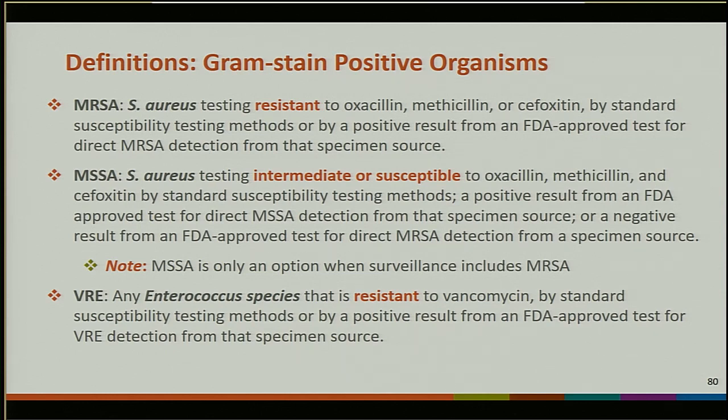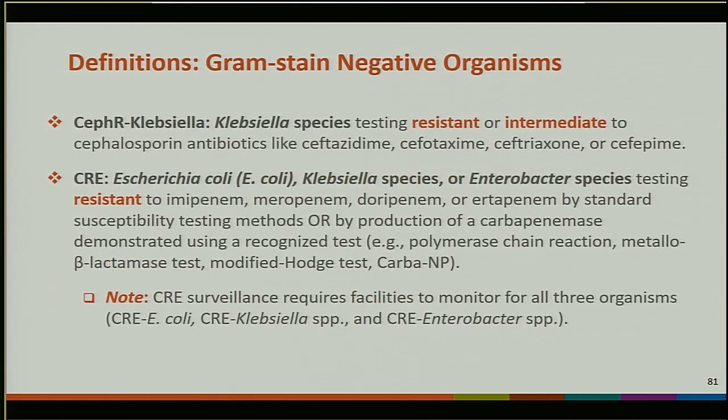When you're looking at VRE, you're looking for any enterococcus species that is resistant to vancomycin. And then our cephalosporin Klebsiella, you're looking for Klebsiella species testing resistant or intermediate to cephalosporin antibiotics. And I've just listed some examples here.